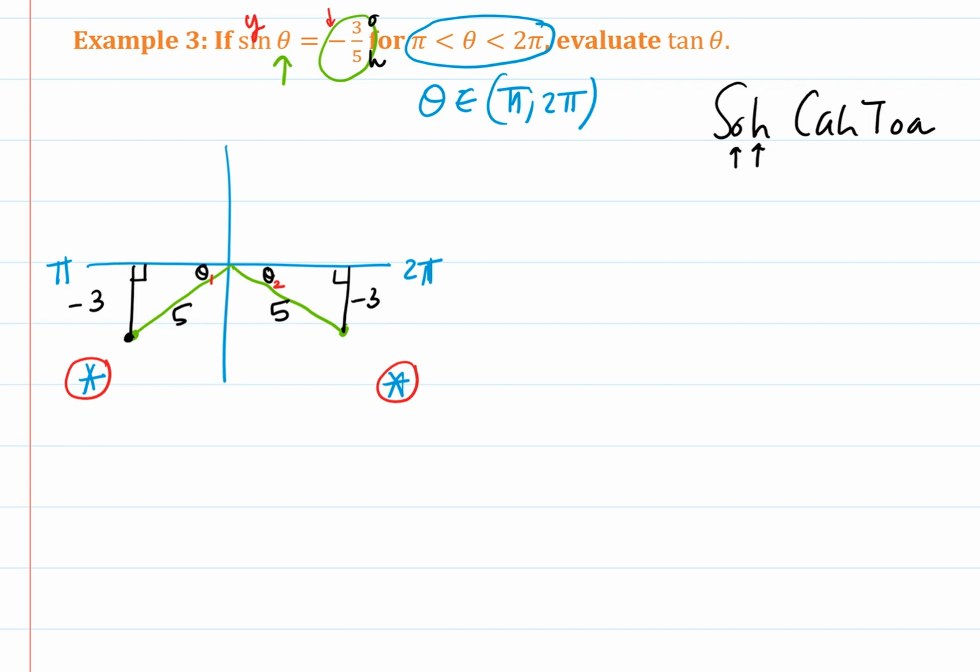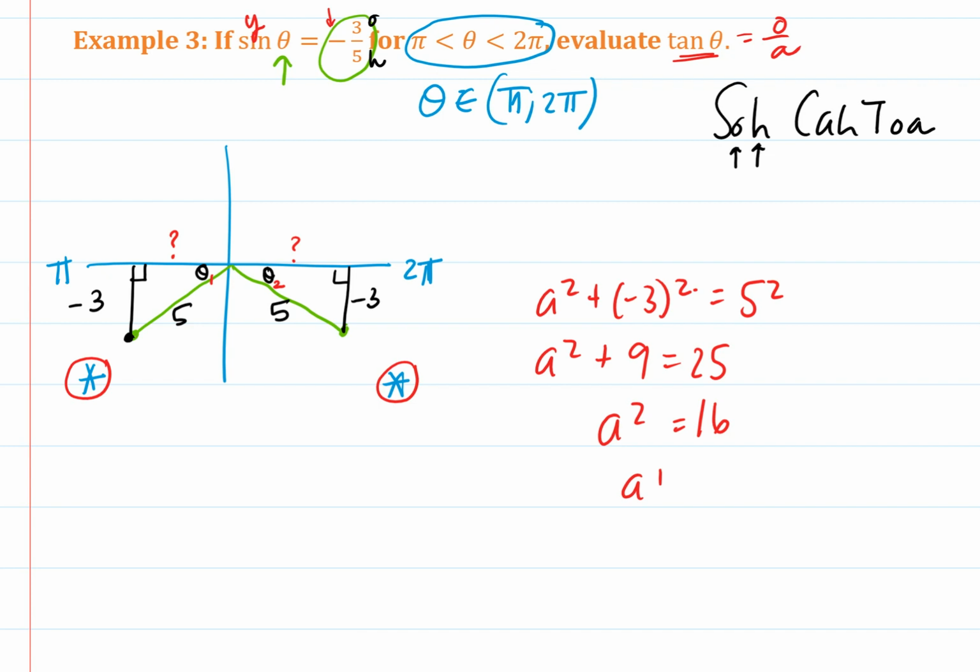Okay, and I want to know what is the tangent of theta. Well, tangent would be opposite over adjacent. I don't yet know this adjacent side length. I know 2 out of 3 side lengths in a right triangle. Guys, we're just going to use the Pythagorean Theorem again. I only have to use it once because I've got the same ratio in both sides.